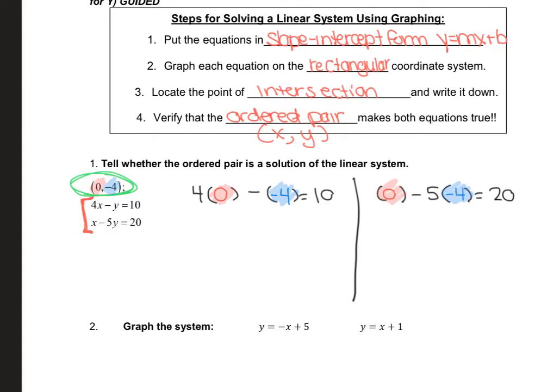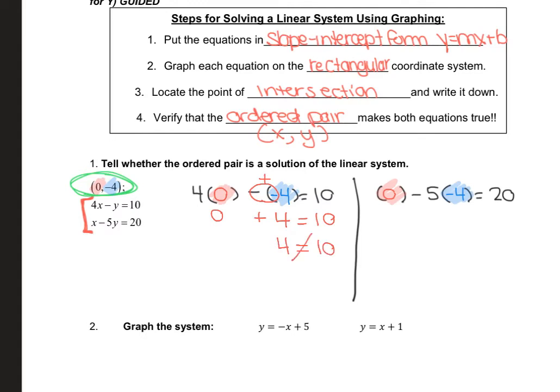All right, so now I have 0 plus 4, because notice that double negative gives me a plus, okay? And right away, I can tell that 4 does not equal 10 here.